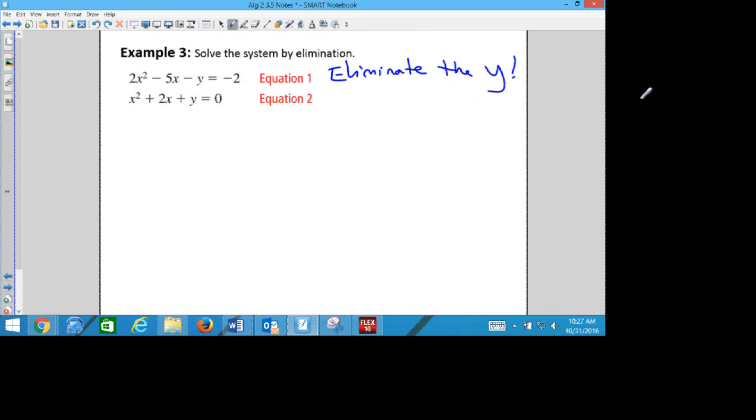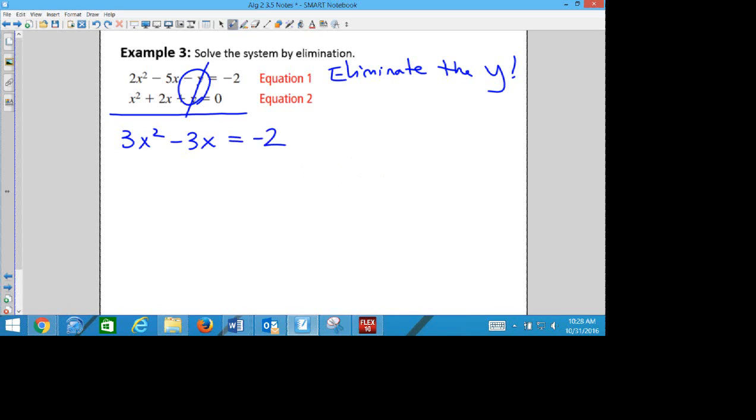In order to do elimination, we have to have the x's and the y's and the x squareds and the equal signs and the constants. Everything has to be lined up. Are they all lined up? Yes. Will the y's cancel? Yes. Oh, yay. So we don't have to multiply by anything. These will just cancel. So I'm going to add them up and get 3x squared minus 3x equals -2.